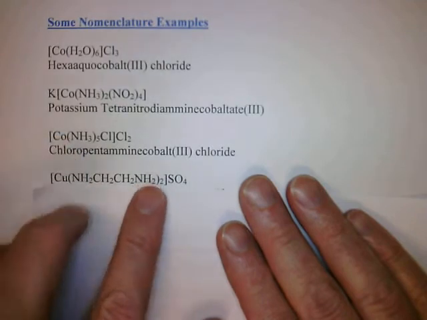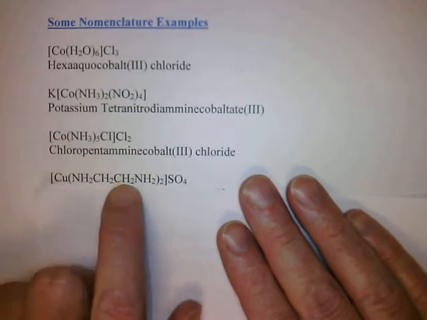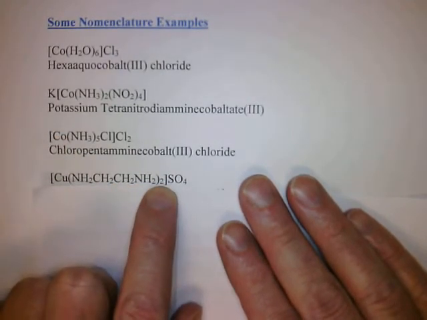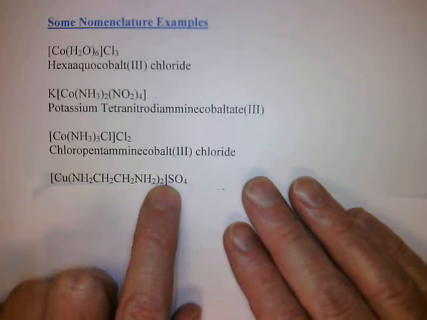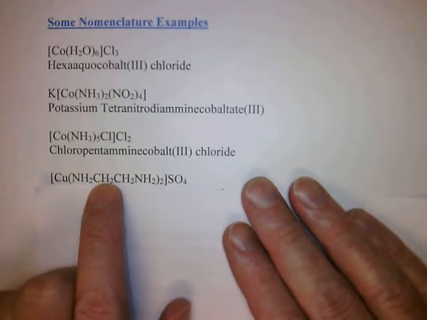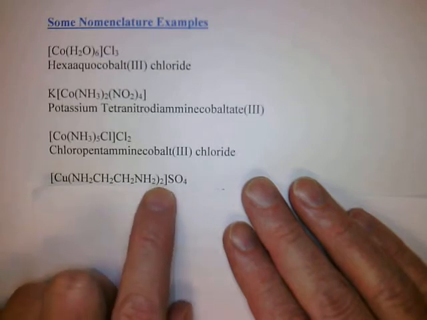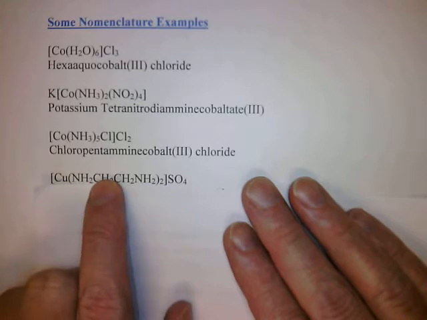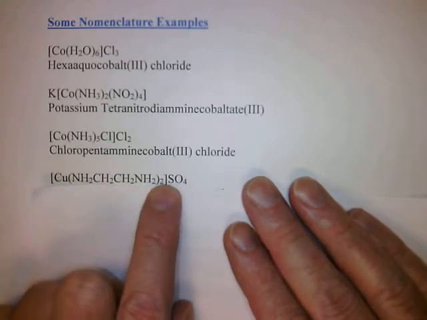So how do we name the complex ion? So we got ethylene diamine. So we're going to say we got 2 here, right? Or are you going to say di-ethylene diamine? That doesn't sound right because the di that we'd be using here gets mixed up with the di in the name of ethylene diamine. So we use bis, right?